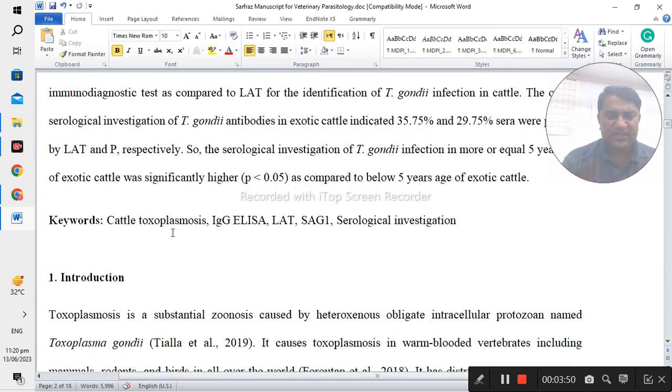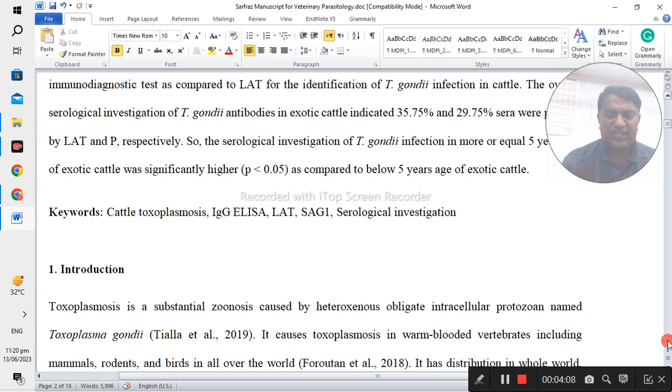Then there are the keywords, usually 4 to 5, or some journals recommend 5 to 6. Then the first heading is the introduction.